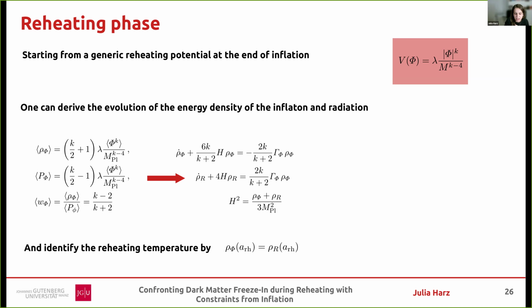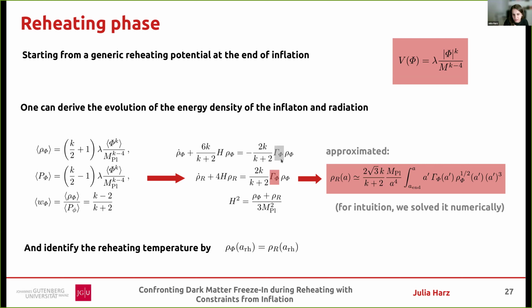We have the coupled equations, and just for intuition, I look into the energy density of the radiation to get a bit of a feeling for how the full system evolves. So here I simply assume that this rate is small with respect to Hubble, and then I can get this expression. Here I have the energy density, and it depends, as I said before, on how much inflaton, in quotation marks, I have, the rate, and the evolution of the scale parameter.